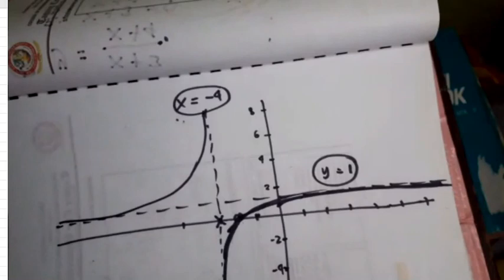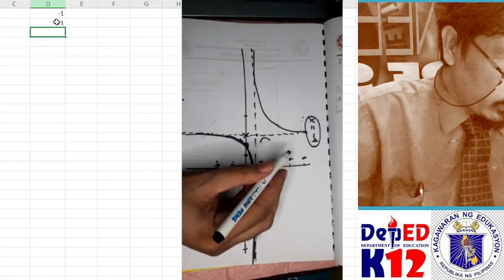So the intersection of the asymptotes is actually the center of the hyperbola. The intersection is negative 4 and 1. That is the center of the hyperbola, similar to the previous example.